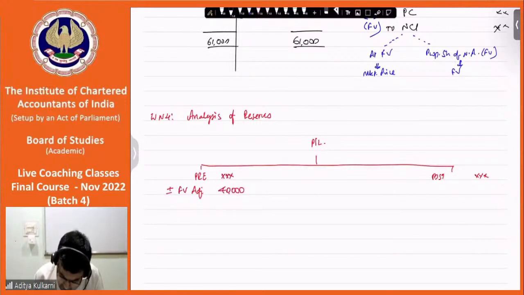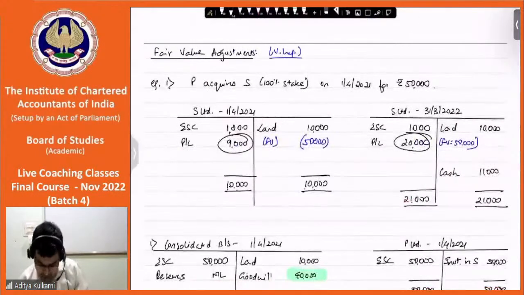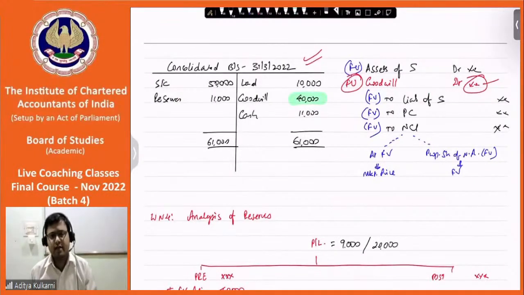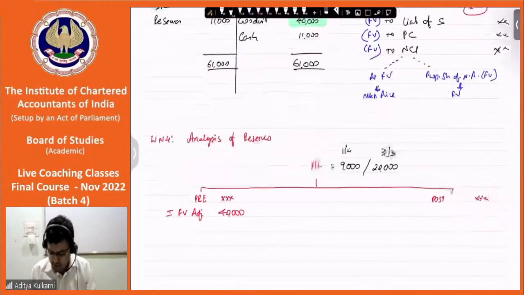What was my P&L? It was 9,000. My P&L, if I am not wrong, was 9,000 on the date of acquisition. On the date of consolidation, it was 20,000. This is 1st April. This is 31st March.